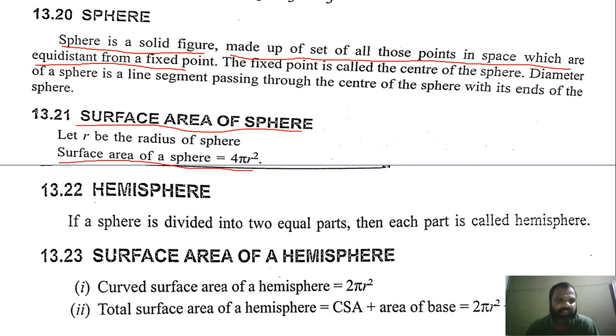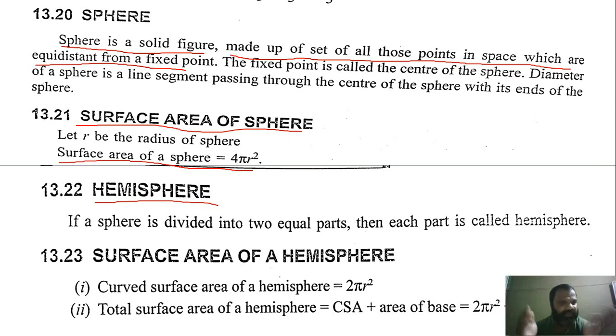And now the hemisphere. As a hemisphere has a circular base and a curved surface, here there is a difference between curved surface area and total surface area.